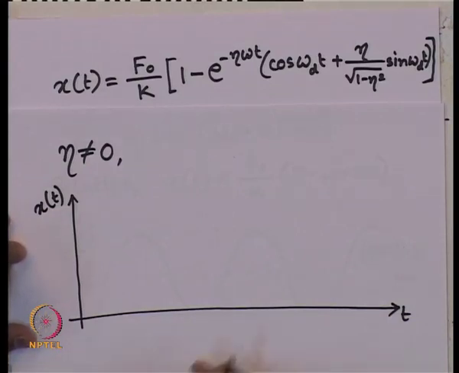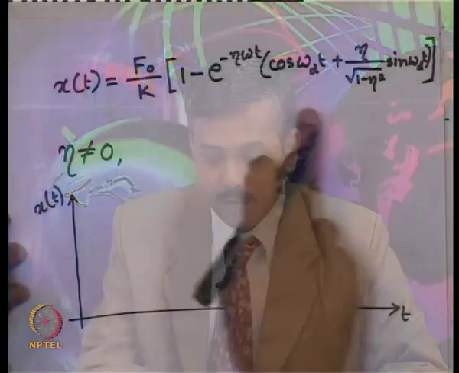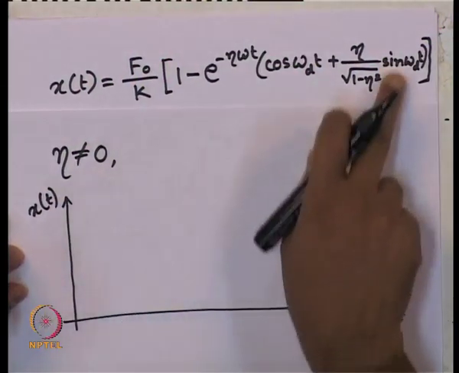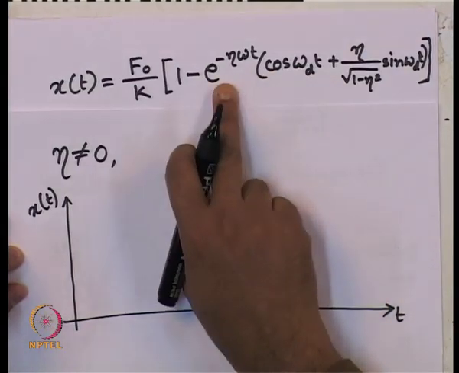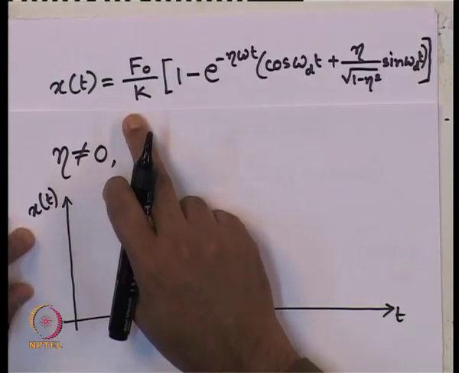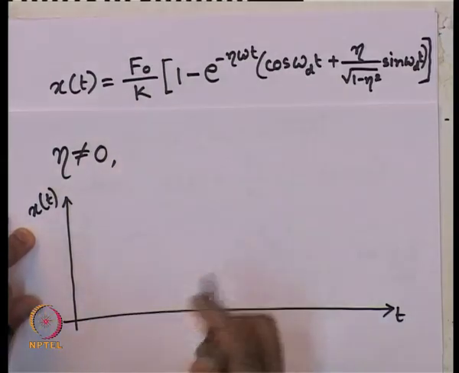We have seen from the previous solution, it oscillates about the central line, which has a displacement equal to the static displacement f naught by k. And in this case, the solution is a harmonic function, an exponential decay function, and a constant term. So, here also it should oscillate about this value of static displacement.